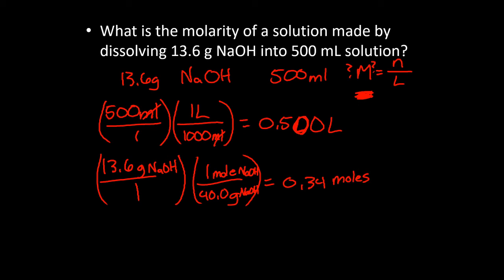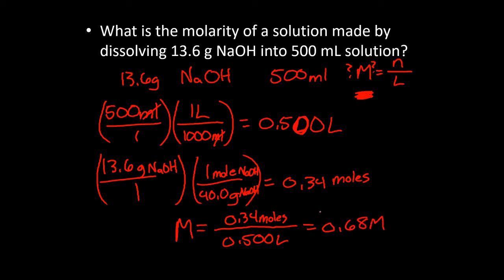So now I have the moles, I have the liters, and so the molarity is 0.34 divided by 0.5, which is 0.68 molar. Again, that's moles per liter, or just molar.